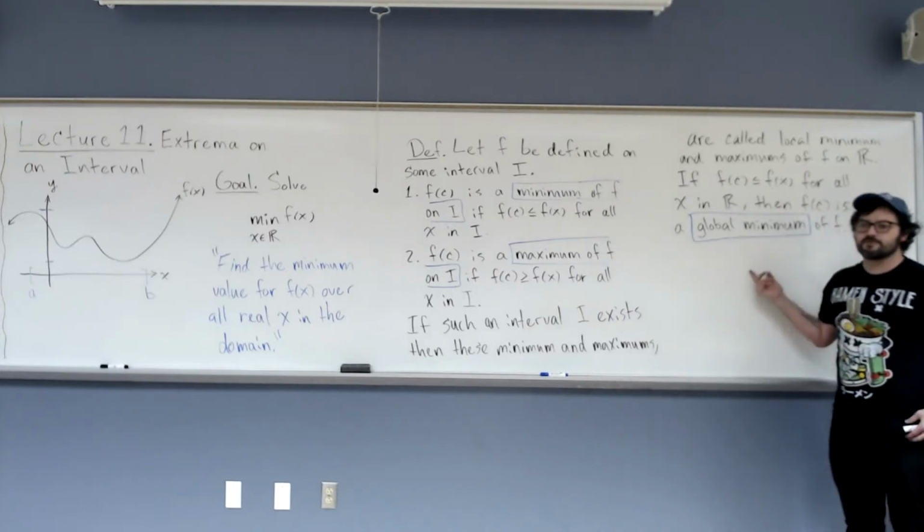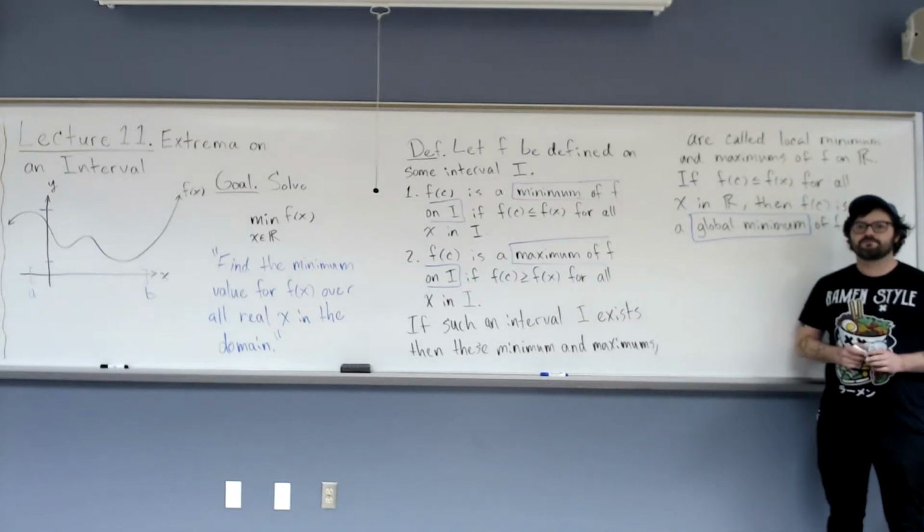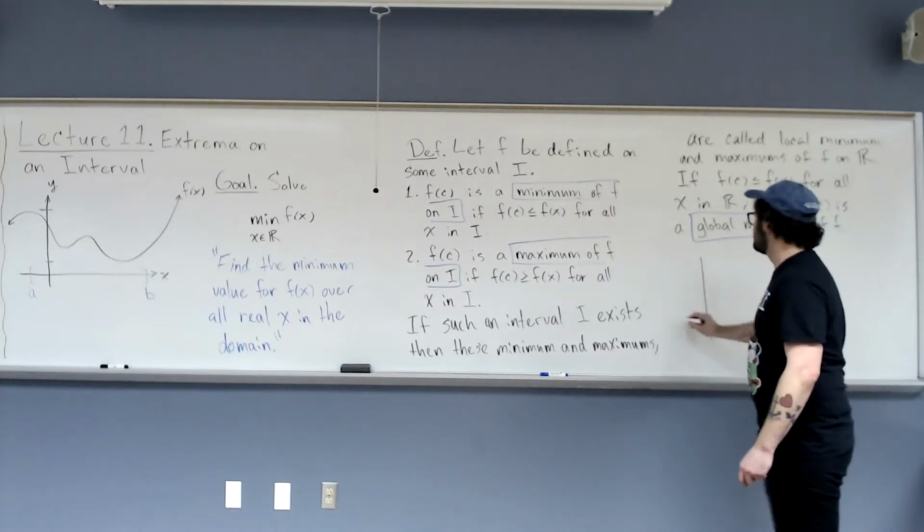Okay. So what would be a function where there's an obvious global minimum? A parabola, right? Any type of parabola is going to have a global minimum.